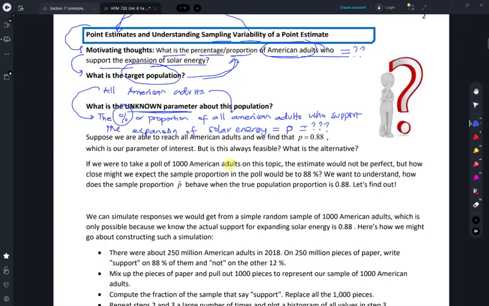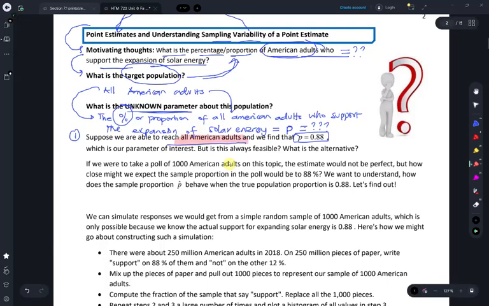If we are able to reach the entire population of all American adults and they truthfully and willingly express their true opinions, it is possible that we might find that 88% of them support the expansion of solar energy. Well, that is possible, but is it practical?